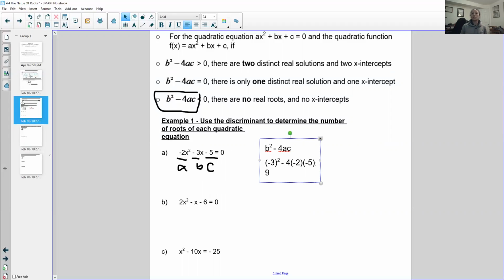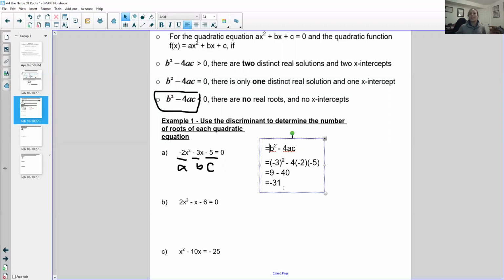And then we are going to minus 4 times -2 times -5. -2 times -5 is +10. +10 times 4 is 40. So I'm going to subtract 40. And then, 9 minus 40 is -31. It is possible to have negatives here.